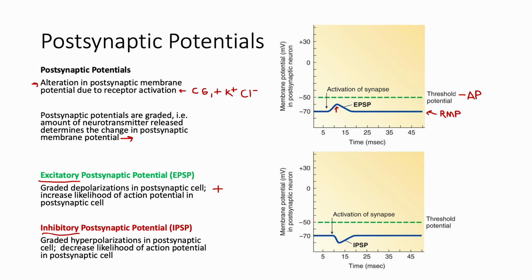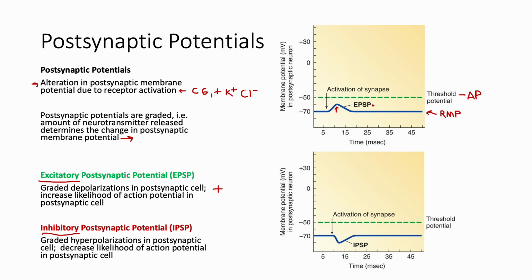Okay? So we term these excitatory postsynaptic potentials, and we're just going to refer to them as EPSPs from now on. Excitatory because it's moving us towards action potential, it's exciting the cell, and then it's postsynaptic potential. So we're just giving this a name now, these depolarizing graded potentials.